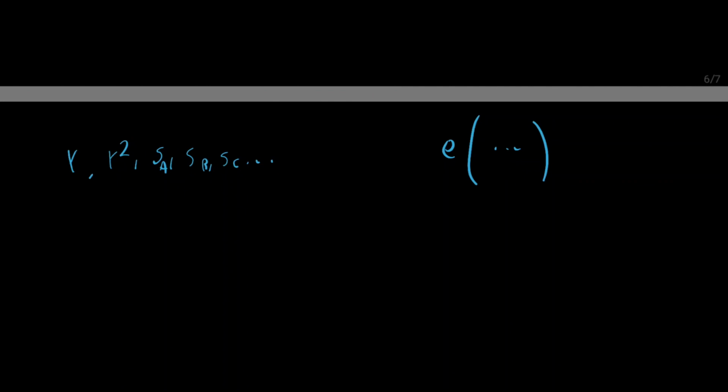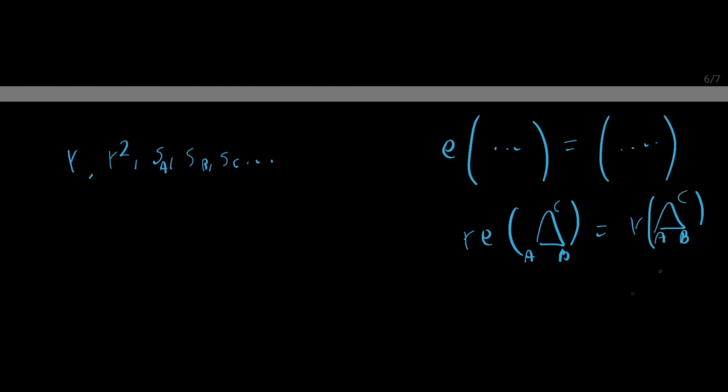So the result will just be the triangle itself. It doesn't matter if we apply it inside or outside. For example, if we have R times E of the triangle, then it will just be R times the triangle, which is equal to R times the triangle.